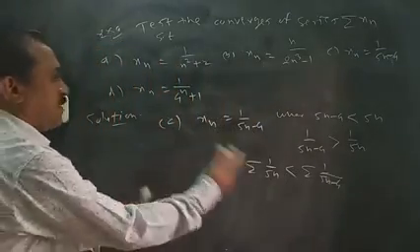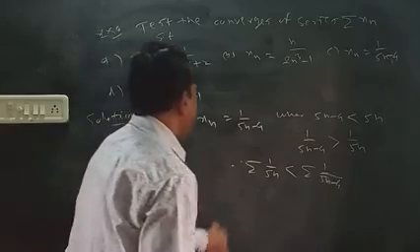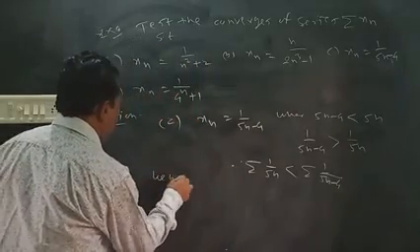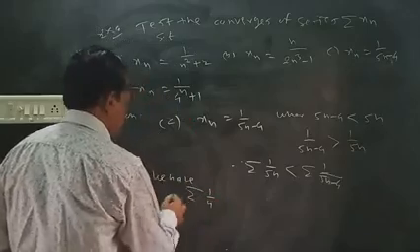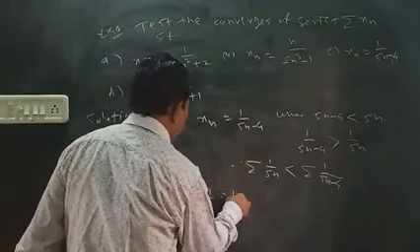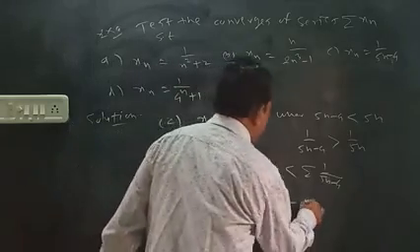Now this 1 upon 5n is 1 upon 5 outside, times 1 by n. So we have the series 1 upon n, that is 1, 1 by 2, 1 by 3, the harmonic series, which diverges.